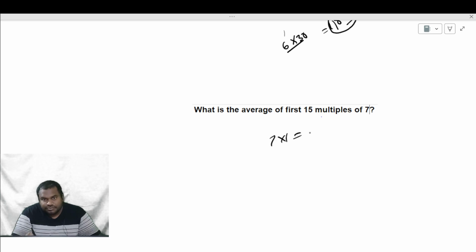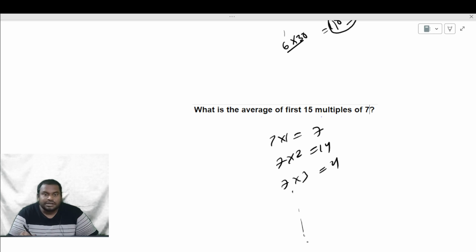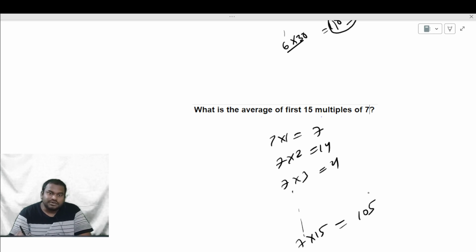How many? First 15. The first 15 means 7 into 15 is the last number. So what is its value? 15 into 5 is 75, 15 into 2 is 30, 75 plus 30 is 105. So the first number is 7 and the last number is 105.